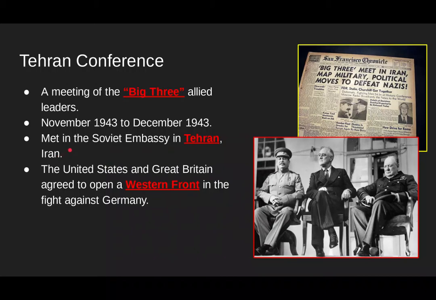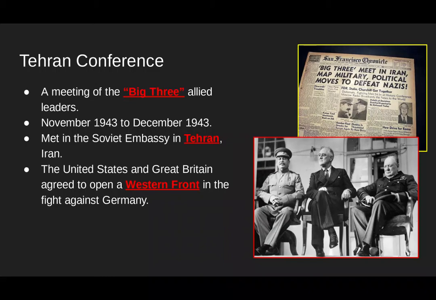And at this meeting, which took place in November and December of 1943, shortly after the Soviet victory against Nazi Germany at Stalingrad, they're going to meet to discuss how this war is going to play out. How they can come together, cooperate, combine their forces, and plan strategically for defeating Germany and Italy in Europe during World War II.